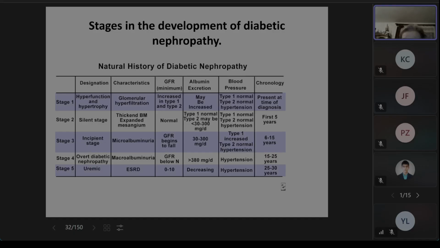What is important, we can sometimes observe a decrease in daily proteinuria because there are not enough living glomeruli to excrete proteins. In all patients, there is hypertension, and this stage is observed usually between 25 up to 30 years after the beginning of diabetes mellitus.